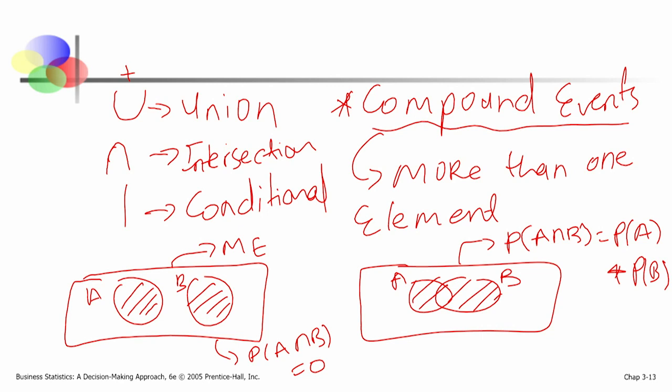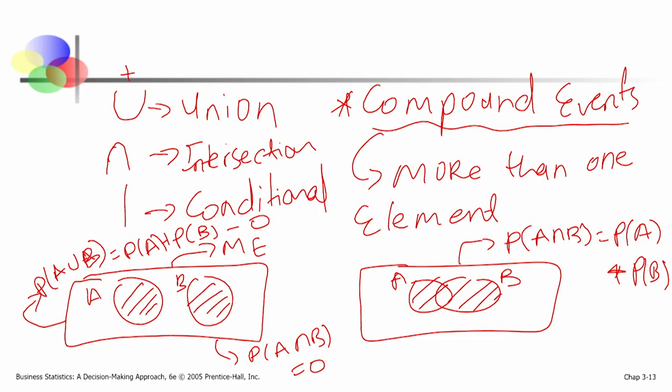As you can see here, they're disjoint. That means the probability of A union B is just the probability of A plus the probability of B minus 0, which is the intersection.